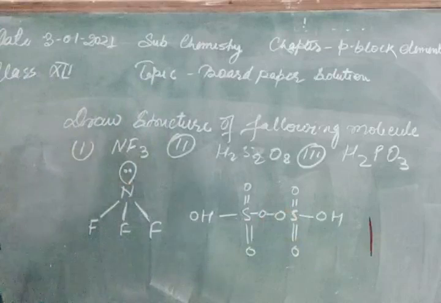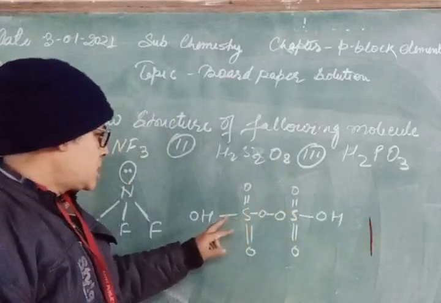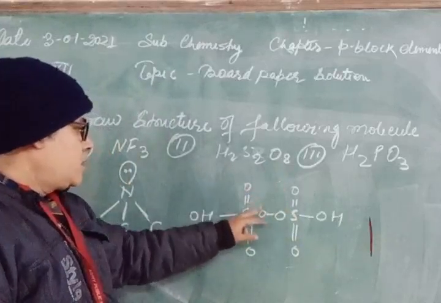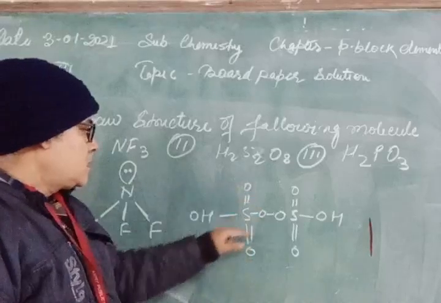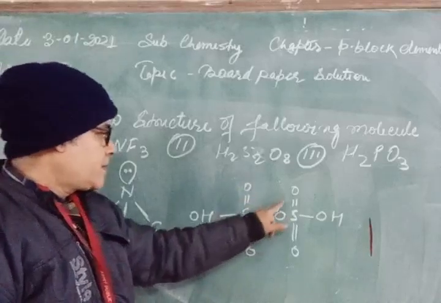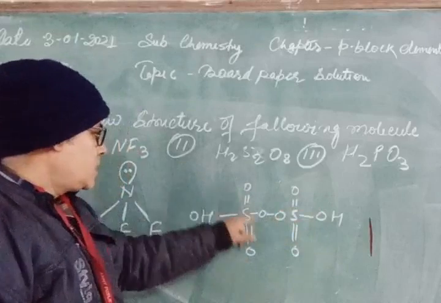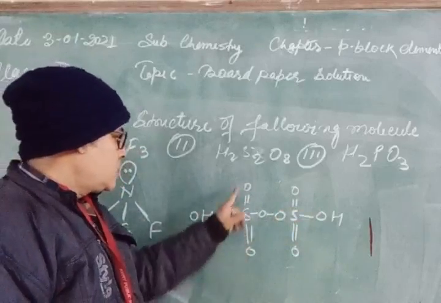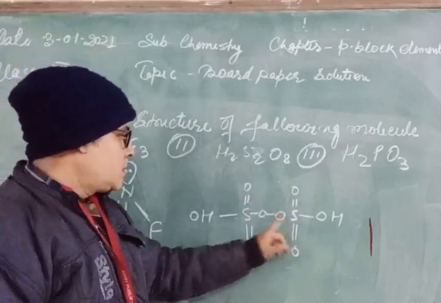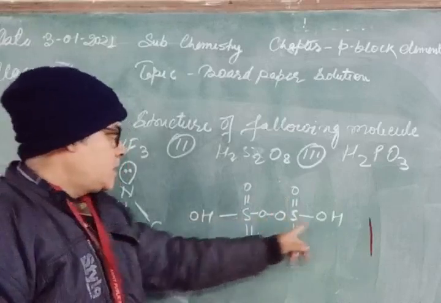There are 8 oxygens, 4 oxygens surrounding each sulfur, 2 doubly bonded oxygens with each sulfur and then OH.